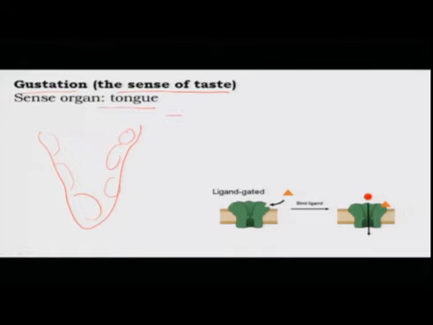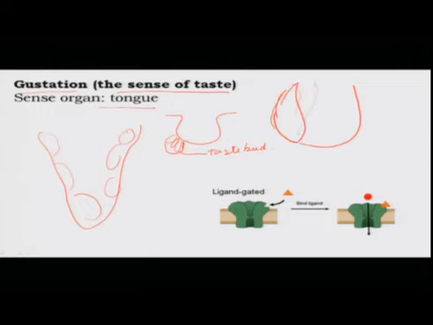On the surface of the tongue you will see there are some depressions, and these depressions have very specialized cells located here, which are called the taste bud. So, this is a taste bud. This taste bud in high magnification looks like this. So, there will be a few cells present here.